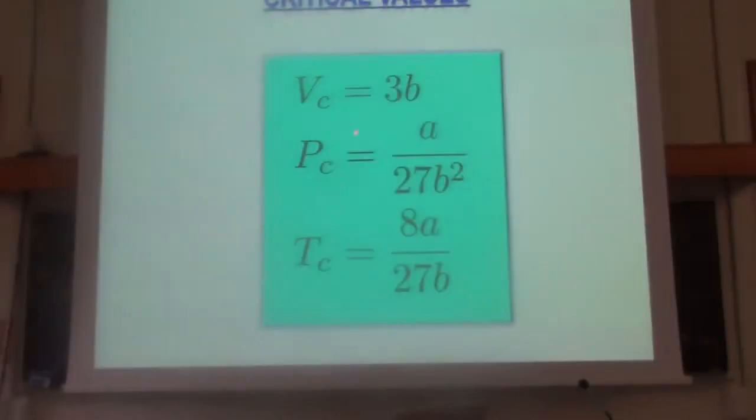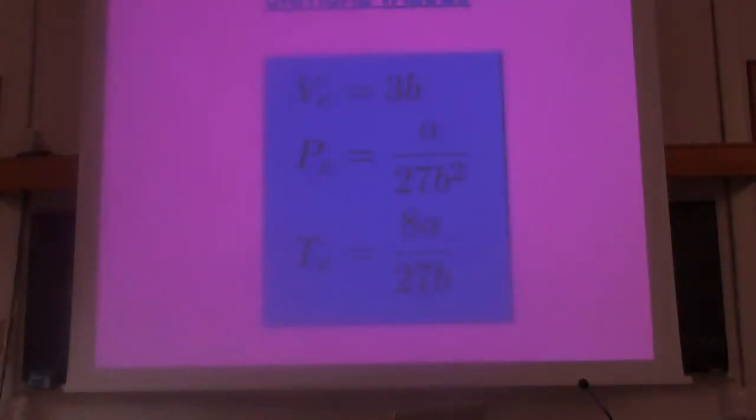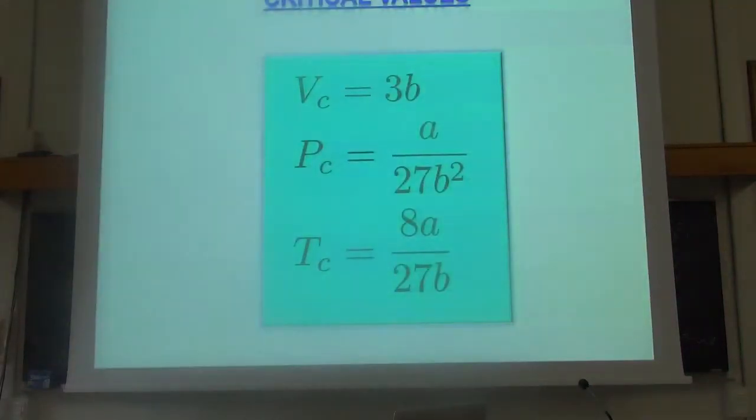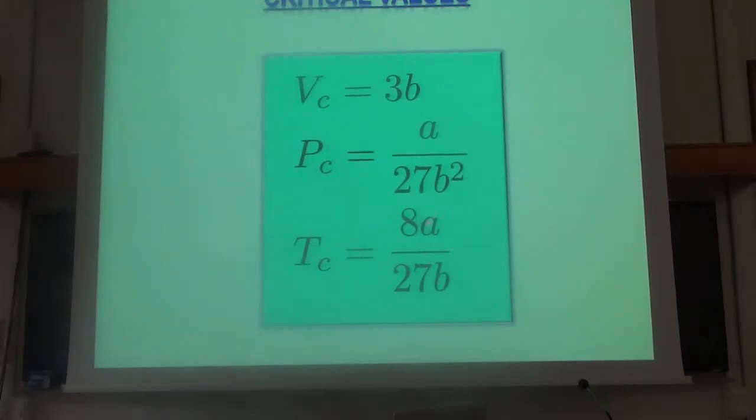And observe that the volume depends on B. As a matter of fact, the cube root of B is just how large the atoms are. While observe that the critical temperature depends on A and B, and it's clearly A.